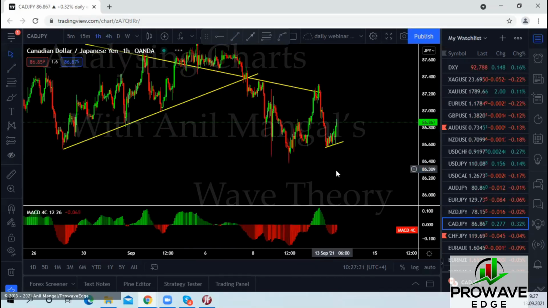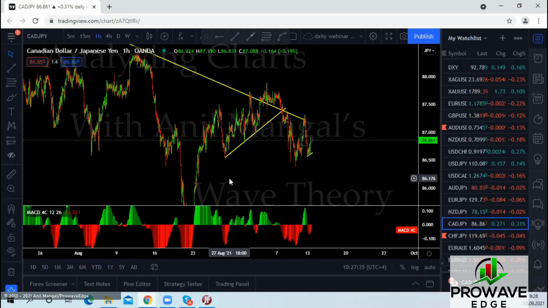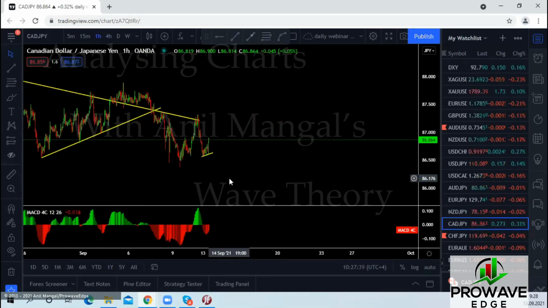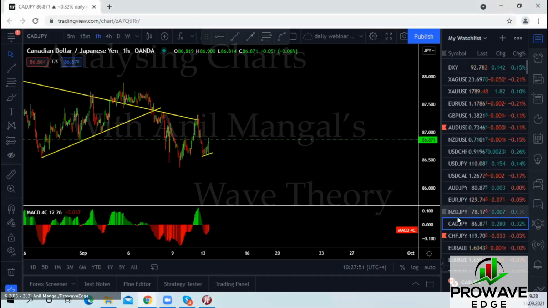That would be a sell setup if it breaks. If it goes back to the top, you still don't have a bias yet, at least not as yet in this picture. So short term is a seller. We just have to let it come back here, break out of this structure, make a flag, and then go for buy. So right now it could come back here and still drop. It's still a sell setup.